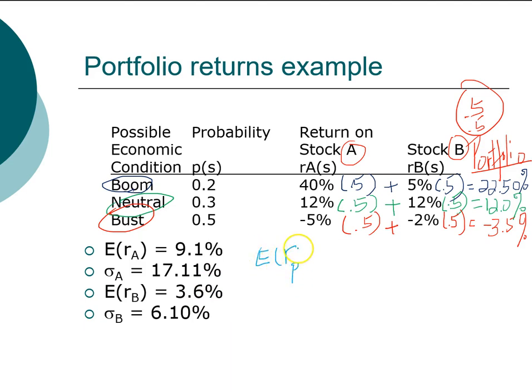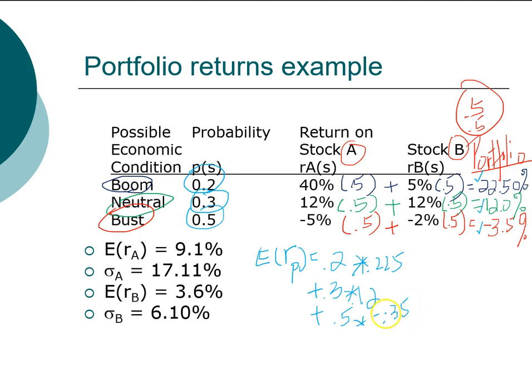If you want to find the expected return on the portfolio, it's no different than computing the expected return on a stock. Remember, you have a 20% chance of earning 22.5%, and then a 30% chance of earning 12%, and then a 50% chance of losing 3.5%.